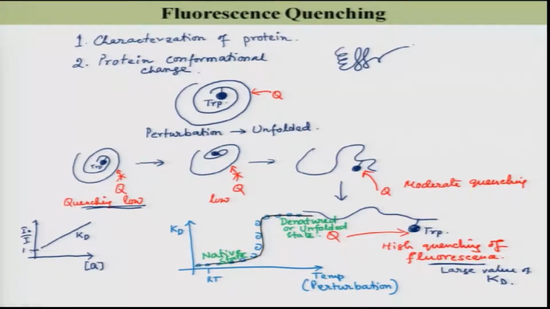Suppose you have done exactly the same experiment, but not with temperature as your perturbation, but with change of pH as your perturbation. So, in this case, let us assume that you have used pH as your perturbation and you have measured this Kd value at different pH. You are plotting it versus pH, and what you have seen is such a feature.